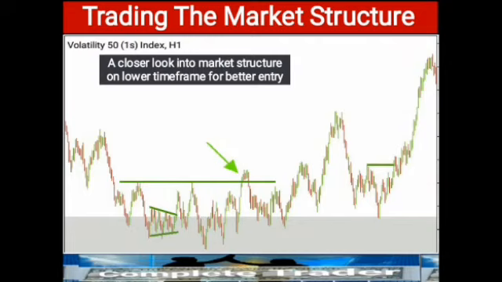You're trading off of a key level on the high time frame, and then you're trading also in line with the market structure on the lower time frame after your key level has been hit, right? After price has come into your key level, you are trading based on the market structure on the lower time frame. So everything lining up together gives your trading a very high probability for winning. It gives your strategy high probability.